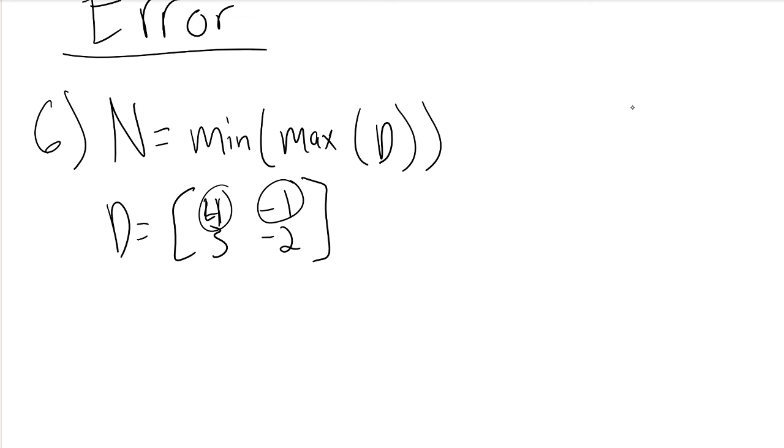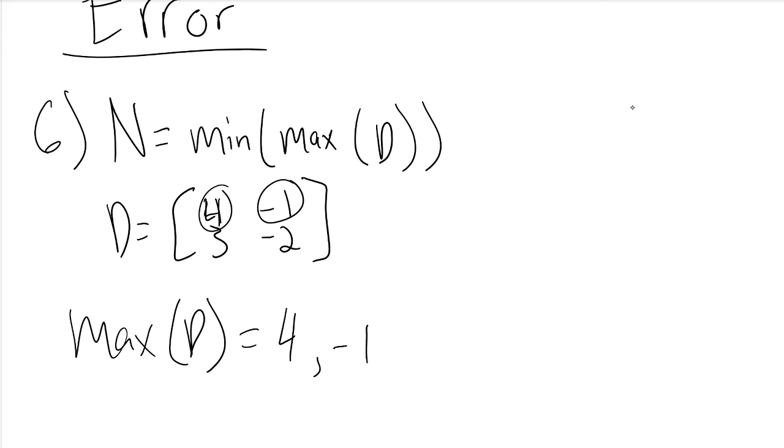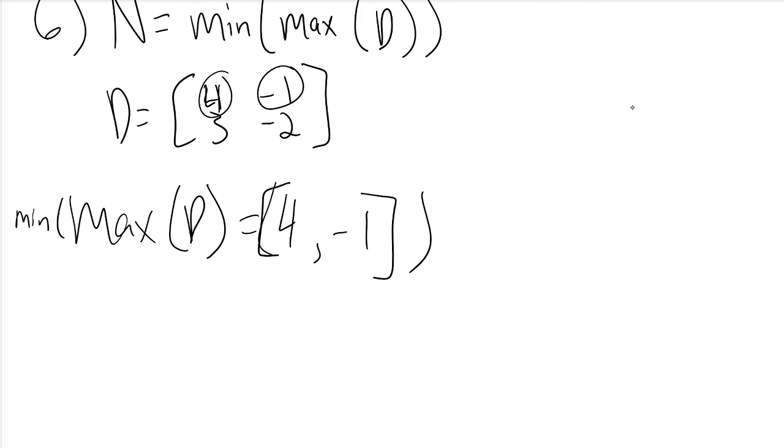So our max of D is just going to look like 4, -1. And then we want to take the minimum of this maximum, right? So we're going to just take the minimum value in D, which is just going to be -1. So we're going to say that our n is equal to -1.